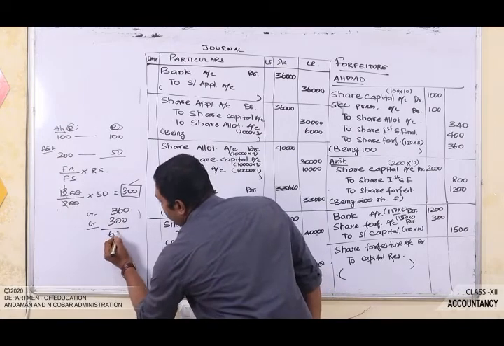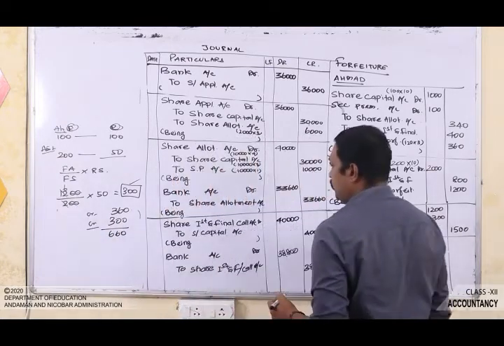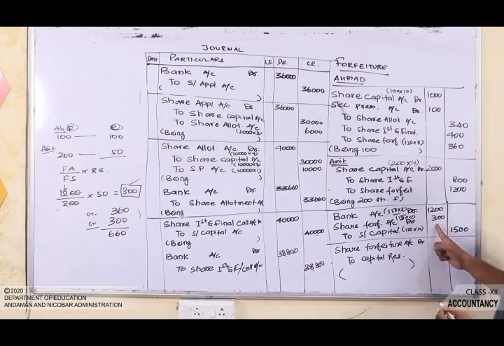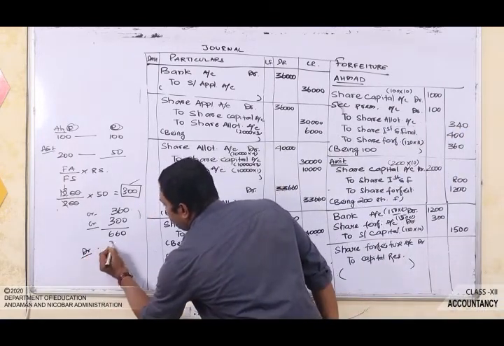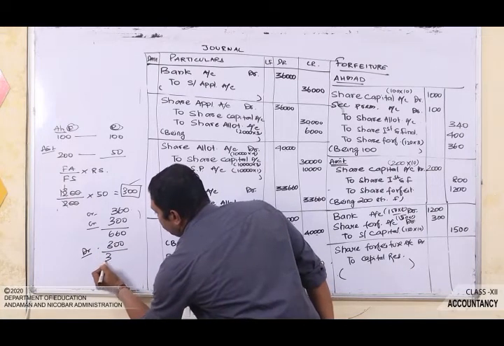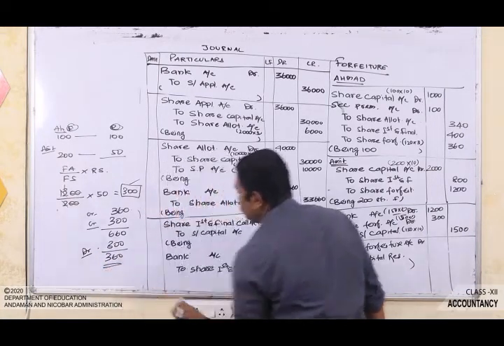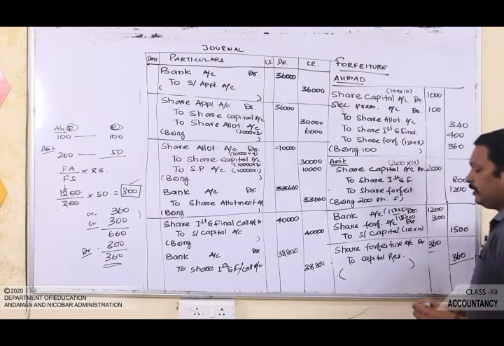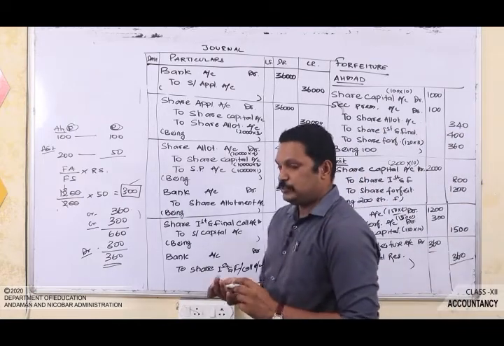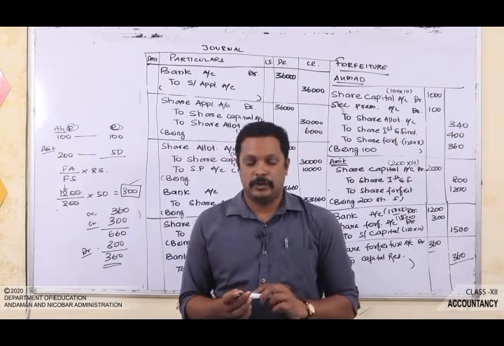Total credit is 660. Okay, so how much is debit? 300 is debited in reissue. So we just debit 300. The balance is 360. That will be transferred to capital reserve. Being share forfeiture account transferred to capital reserve account.